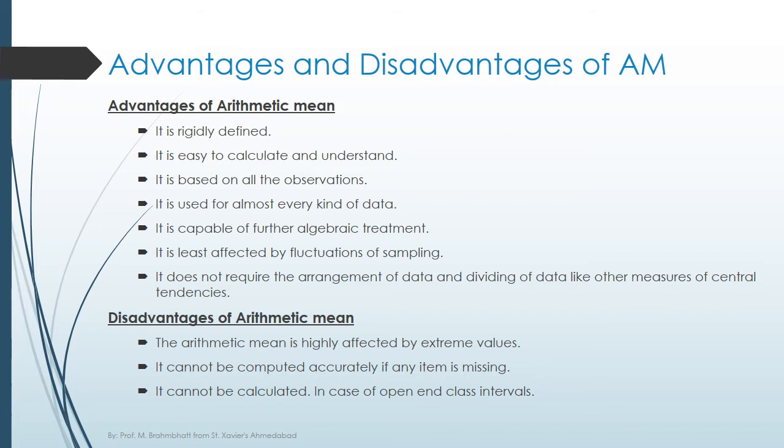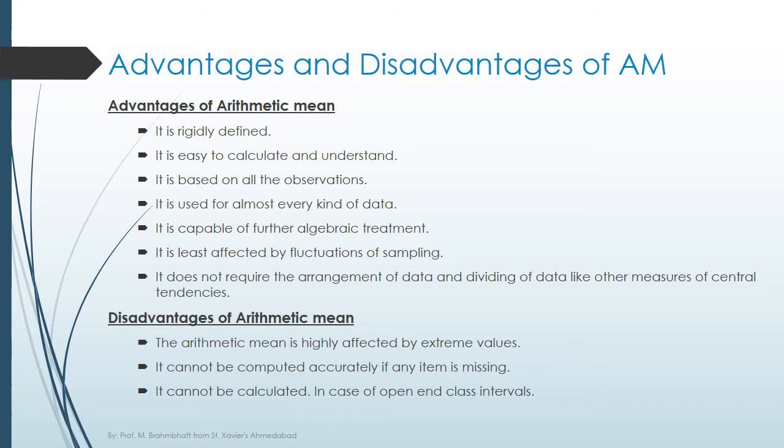The procedure to find the arithmetic mean is easy as well as to understand. It is based on all the observations. To determine the arithmetic mean, it includes each and every observation of the series. It is used for almost every kind of data.